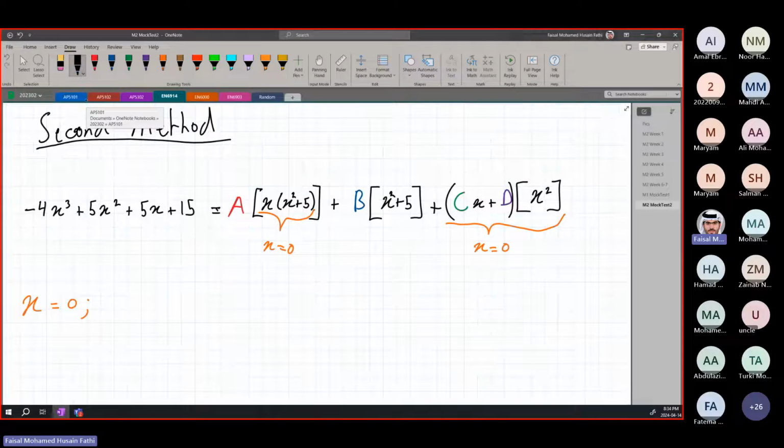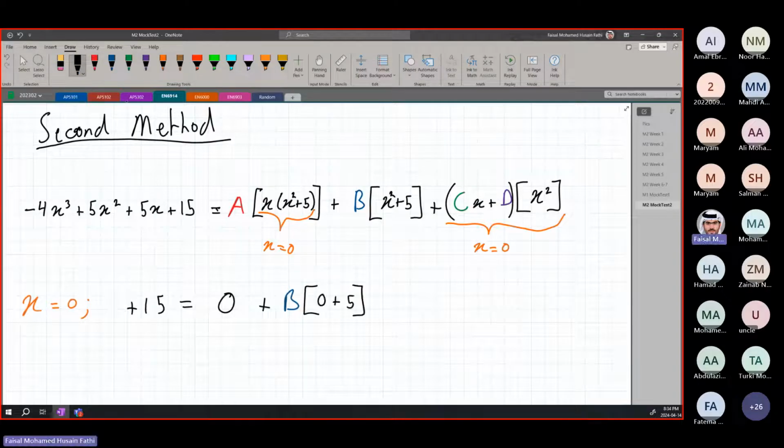So all of these values are going to be 0, minus 4x cubed plus 5x squared plus 5x. They're all going to be 0 because you're multiplying by 0. And you're going to remain with plus 15 is equal to, remember, this whole part is going to become 0 because this whole thing is going to be cancelled out, plus b into 0 plus 5, because we're substituting now just 0 for x, plus 0.